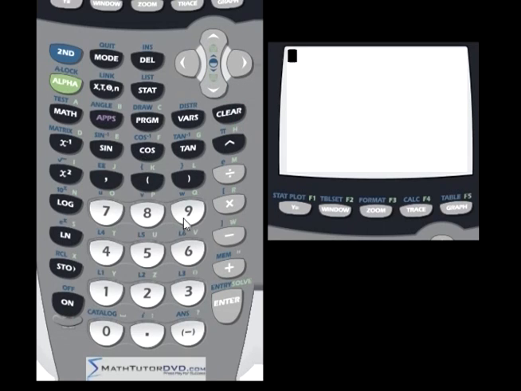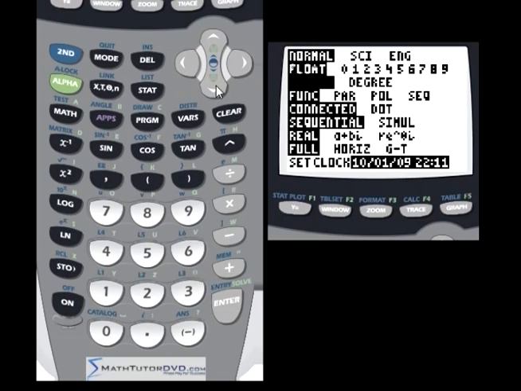So the equivalent of 90 degrees in radians, for those of you who know, is pi over 2. So if we put pi divided by 2 in here, then we should get exactly the same answer. We should get 1 because pi over 2 radians is 90 degrees. So we have the calculator in radian mode. We put this in there, and of course we're going to get the right answer because it knows we're talking about radians.